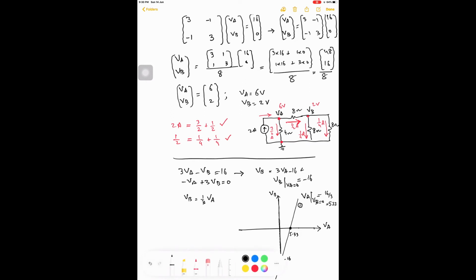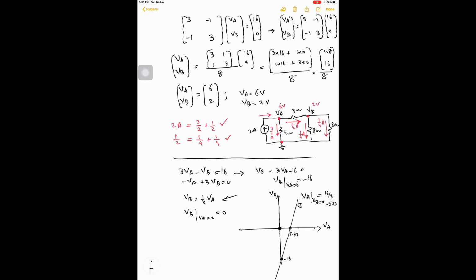In equation 2, when VA is equal to 0, what is VB? This is straightforward, it is 0. So we get only one point over here.